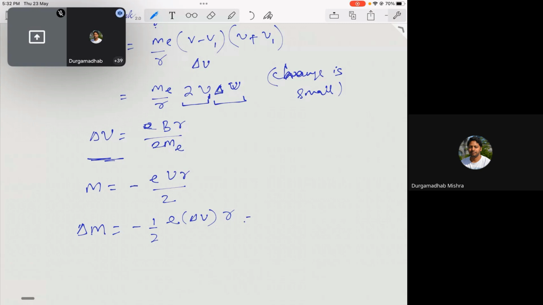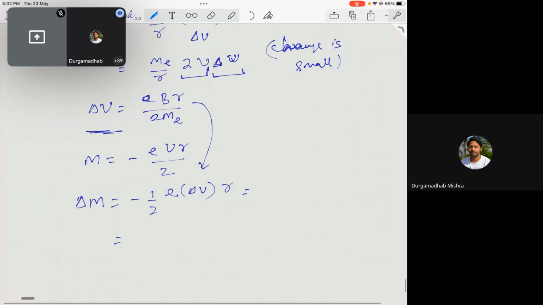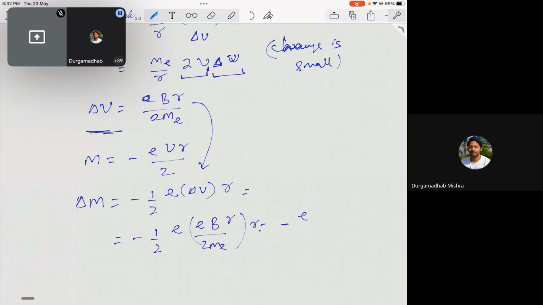Now if I substitute delta V, which we have calculated, I will get minus half e times eBR divided by 2m_e, into R, which gives rise to e square B R square divided by 4m_e.